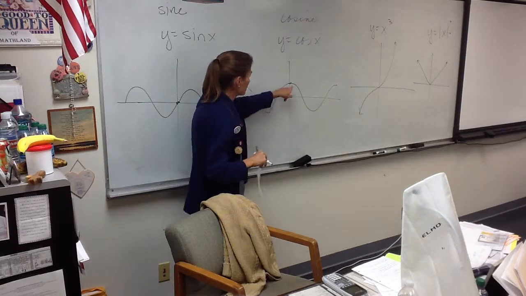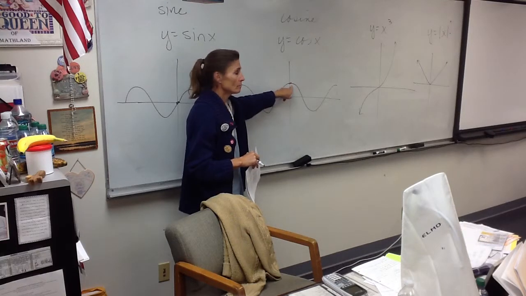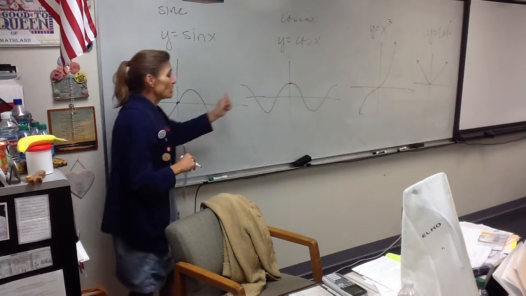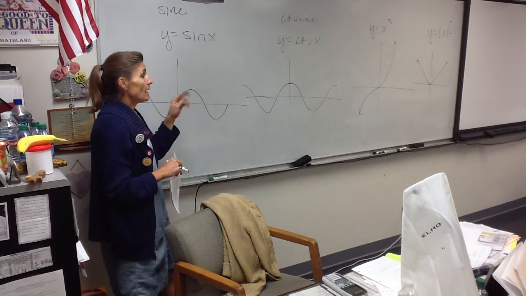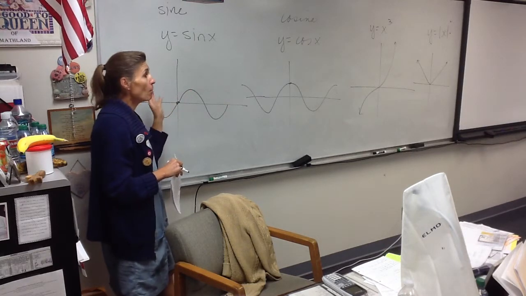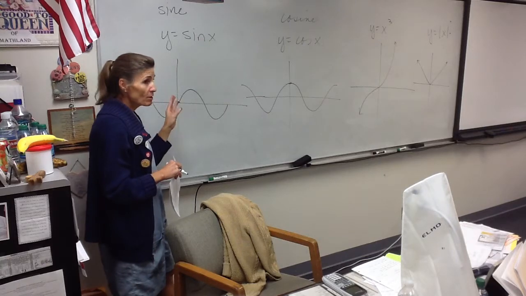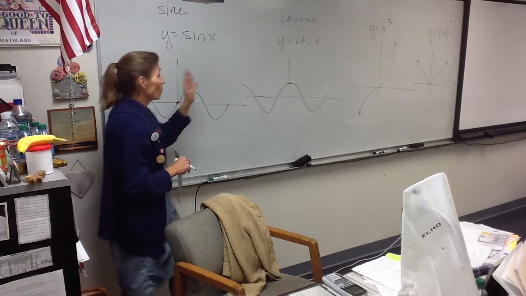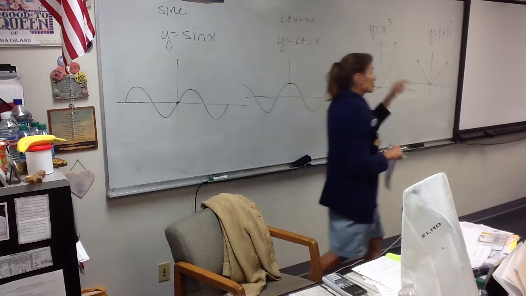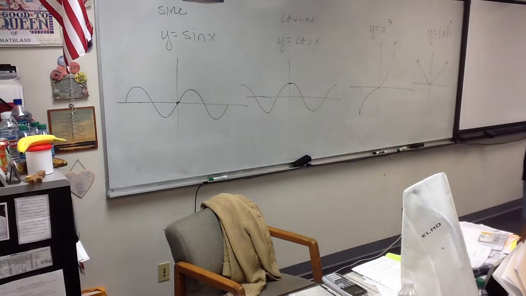Its y-intercept is up here. So try to keep those two straight, because we will have a question at some point. It will not be on your speed dating quiz Tuesday, but after that, we'll have a quiz where I'll say, sketch the cosine function. And you need to know what that shape is.